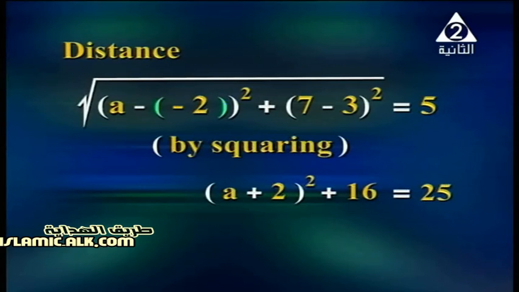Then to find the value of (A plus 2) all to the power of 2, it is 25 minus 16 to obtain a result as 9. Look carefully, (A plus 2) all to the power of 2 equals 9. By taking square root for both sides, you are going to find that A plus 2 equals positive or negative 3.